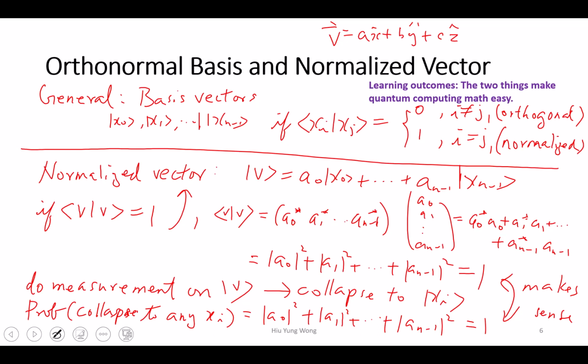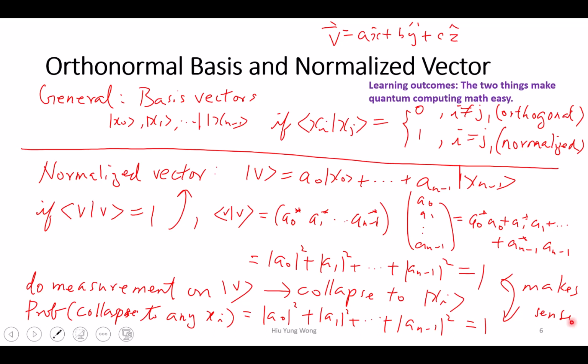If it is not normalized, then I have larger than 1 or less than 1 probability of getting all the possible outcomes, which is not our daily life experience. You go back to the spin: you measure it, and either get 0 or get 1. What is the probability of getting 0 or 1? Of course, it's the probability of getting 0 plus the probability of getting 1, and it must be 1. So that's why we want to have a normalized vector.